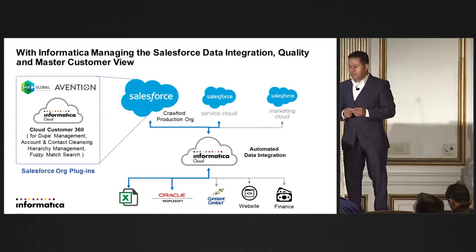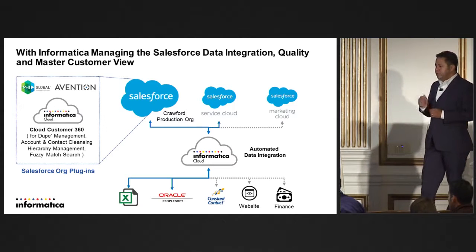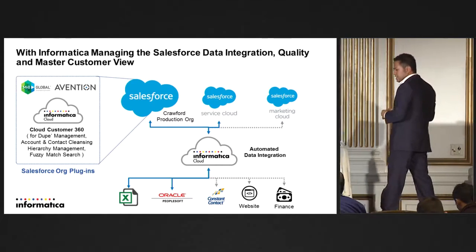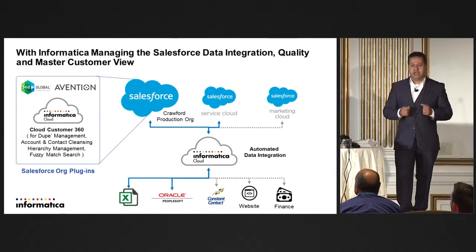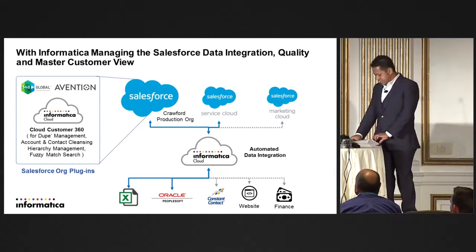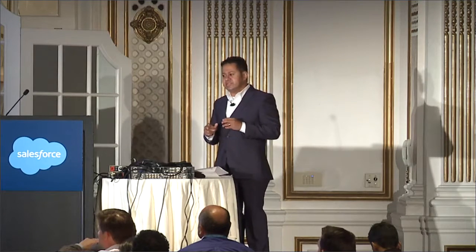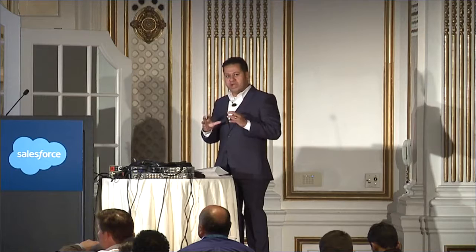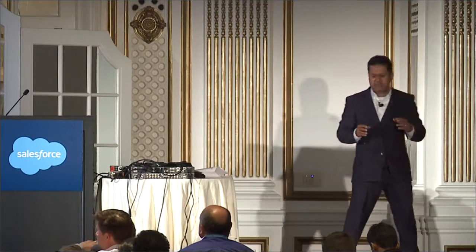And then we have Informatica Cloud Customer 360, which includes dupe management, account and contact cleansing, hierarchy management, fuzzy match, and other matching algorithms in place. Cloud Customer 360 does provide the master data management solution, but in the middle, we put in place Informatica Cloud Services, which is ICS.